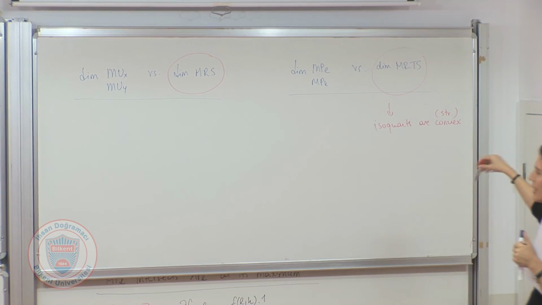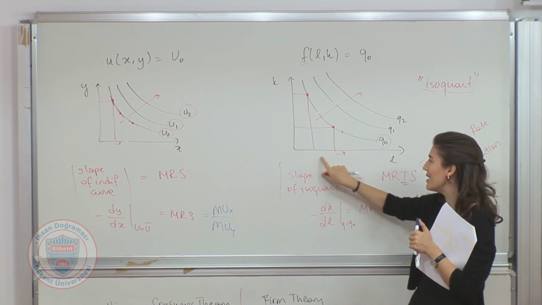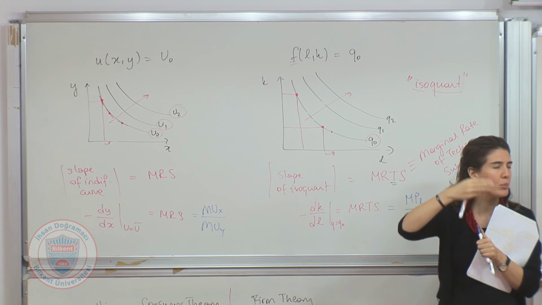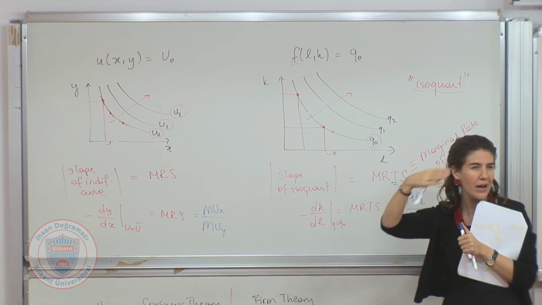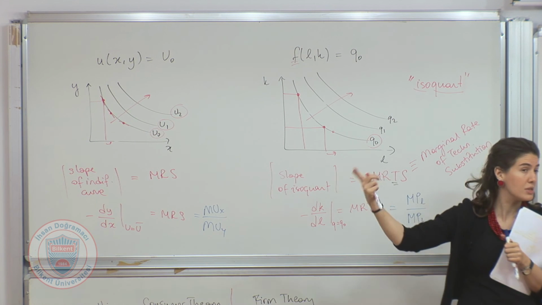So when we have these nice isoquants, you see there's diminishing marginal rate of technical substitution. As you have more and more labor, consider the amount of capital you're willing to give up when another unit of labor is available and you want to produce the same amount.